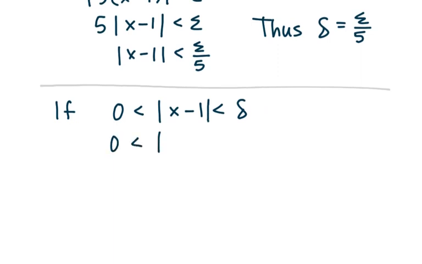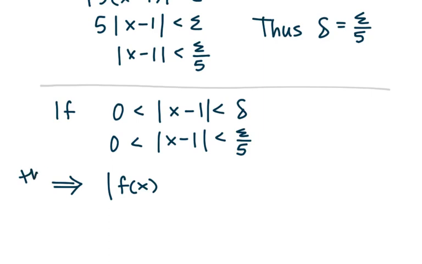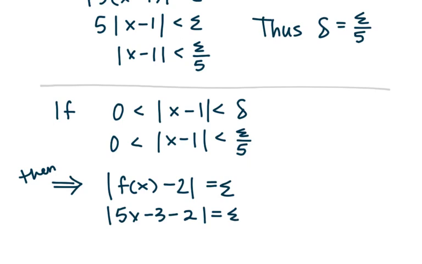I left an absolute value bar off. Which means then that my function value, and again, when I do that double barred arrow, I mean the word then, the absolute value of my function value minus 2 is less than epsilon. So that's the same as the absolute value of 5x minus 3 minus 2 less than epsilon, or 5x minus 5 less than epsilon.